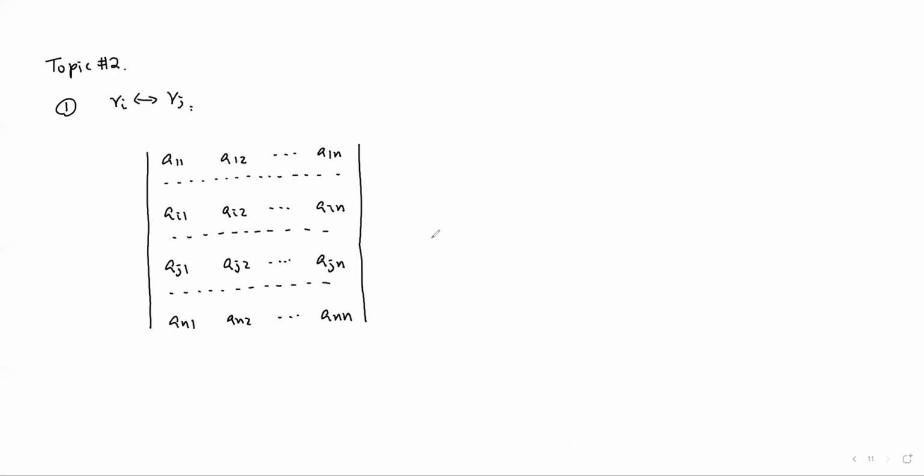Now let me switch row I and row J. Then I get this determinant: row J goes here, and row I here.